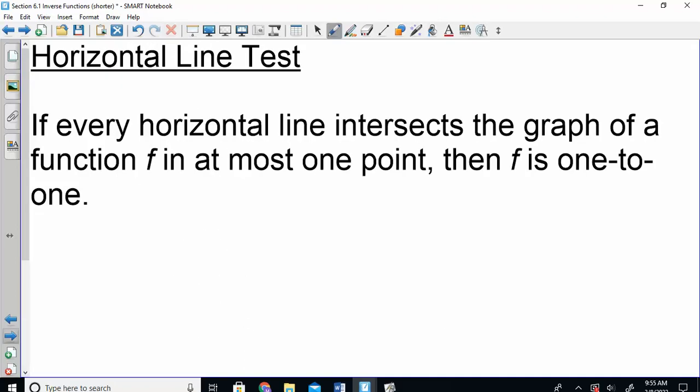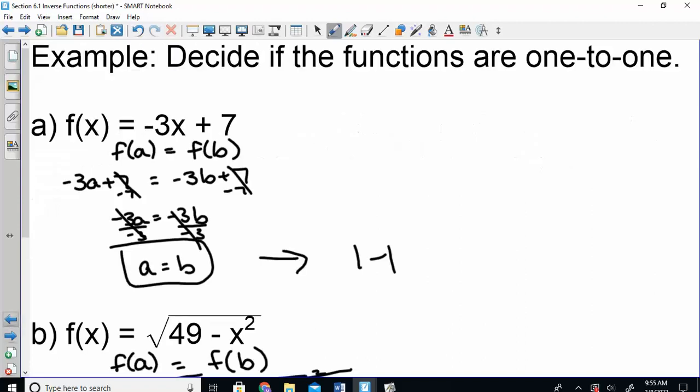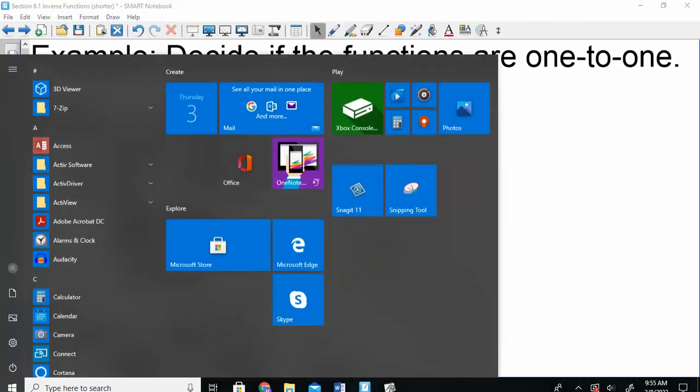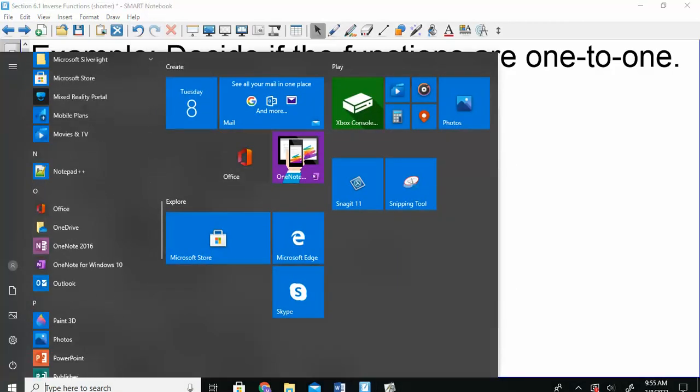If a horizontal line hits it only once, then it's 1 to 1. But if any of your horizontal lines would hit it more than once, it would not be 1 to 1. So let's just confirm this with the 2 examples that I did. If you graph negative 3x plus 7, what's that look like?